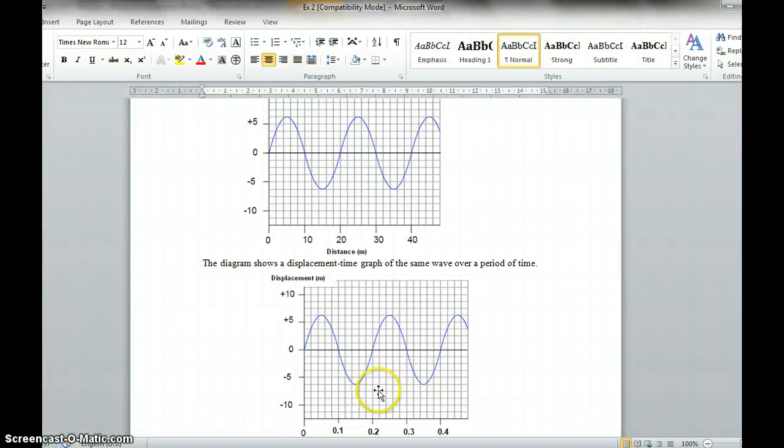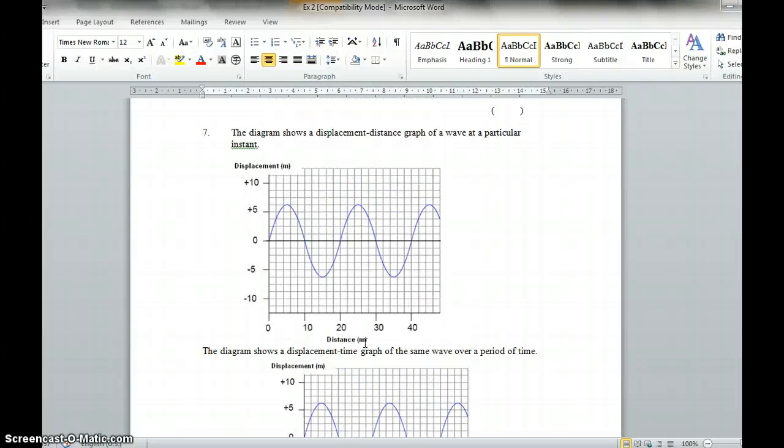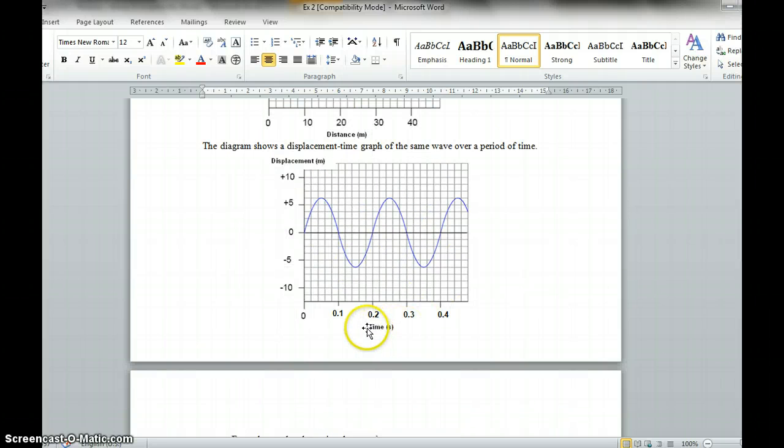Now let's look at 2 particular graphs of waves. I mentioned before, when you look at the graph of a wave, the very first thing that you should look at is the description of the horizontal axis. In this case, the horizontal axis stands for distance, but for the graph below, the horizontal axis stands for time.